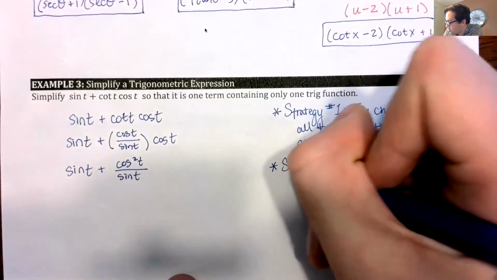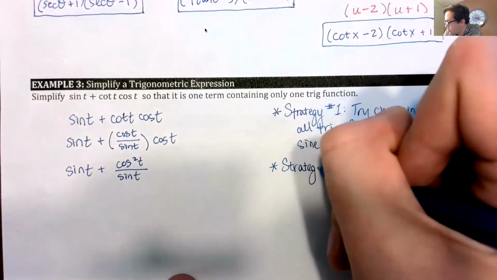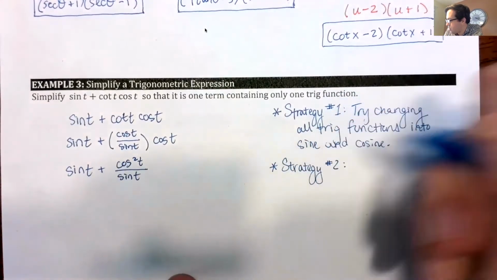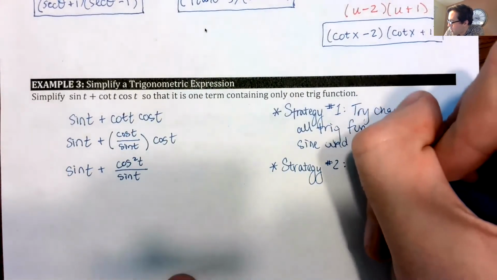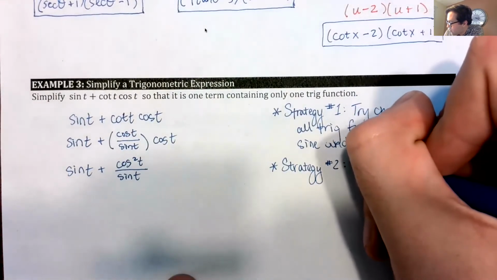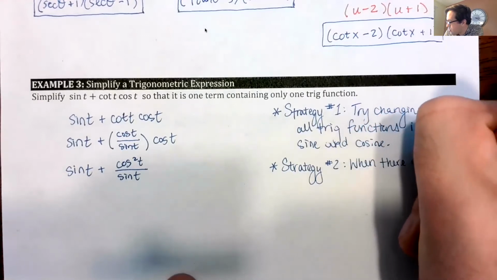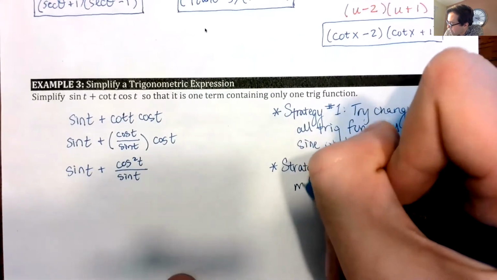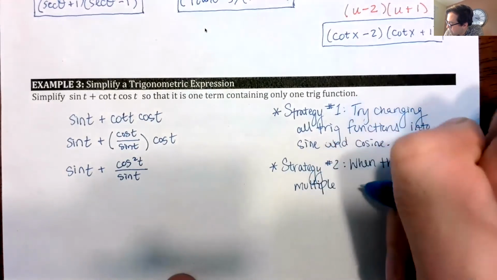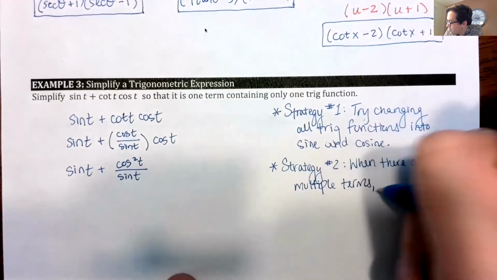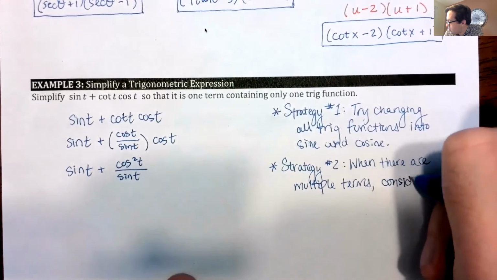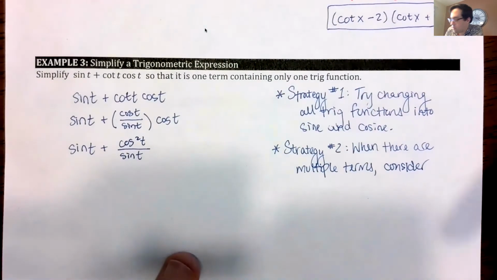Let's write that out too. Strategy number 2. We write out, when there are multiple terms, consider finding a common denominator.